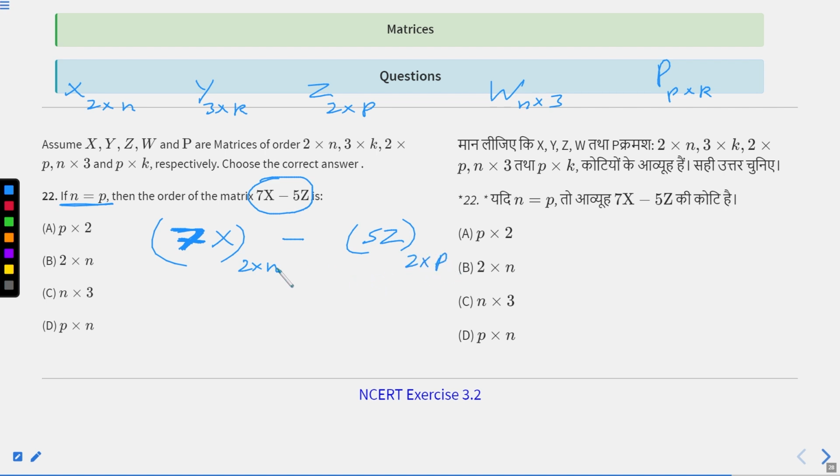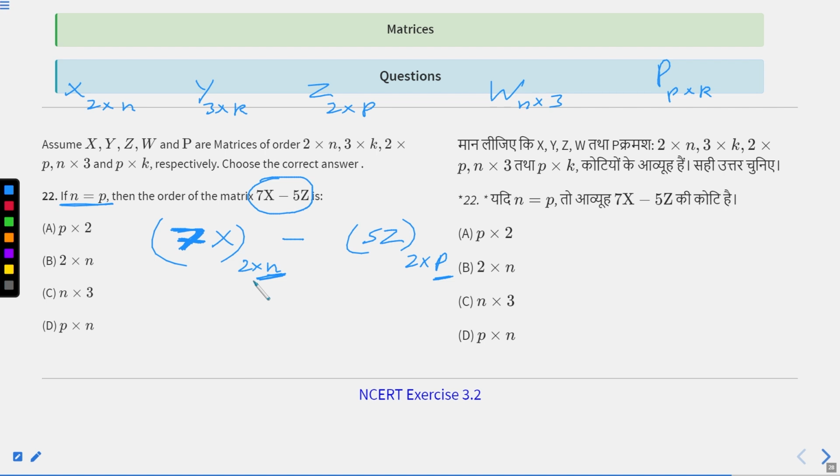Now the final matrix. We know that n is equal to p, so we can find the difference of the two matrices.